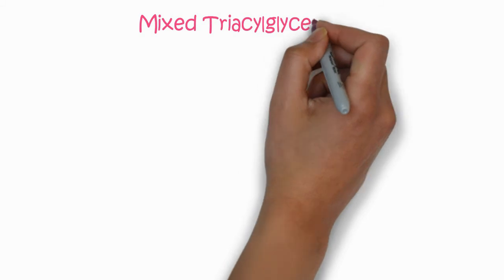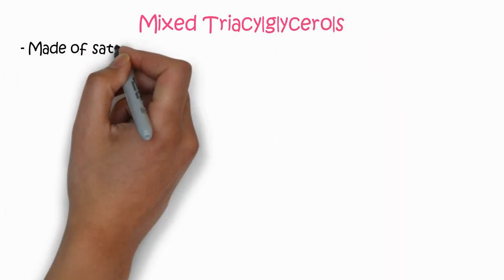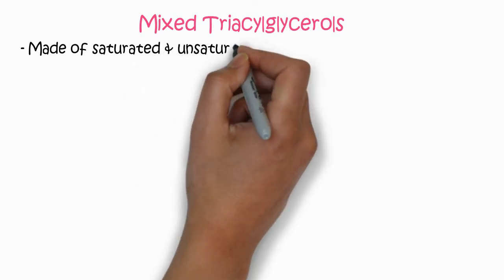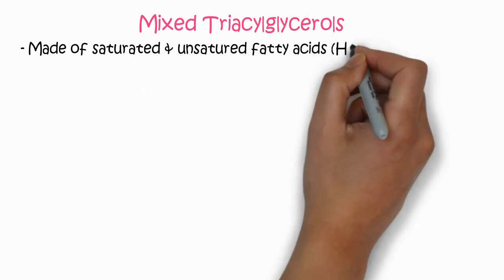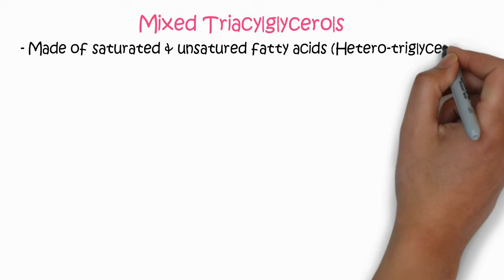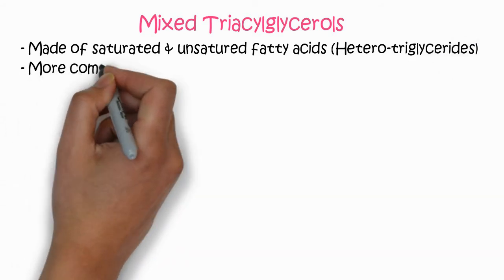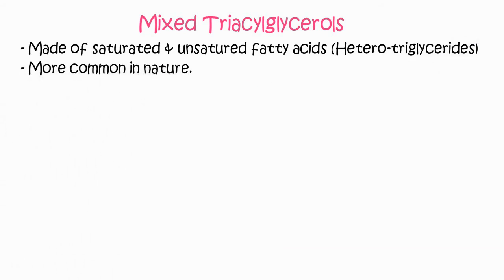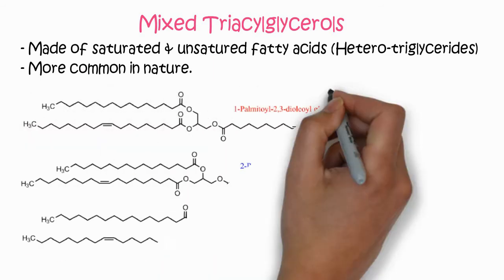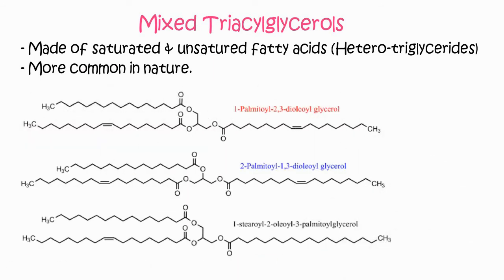The third class is known as mixed triacylglycerols. In this case, both saturated and unsaturated fatty acids are esterified to glycerol. They are also called heterotriglycerides. They are more common in nature.